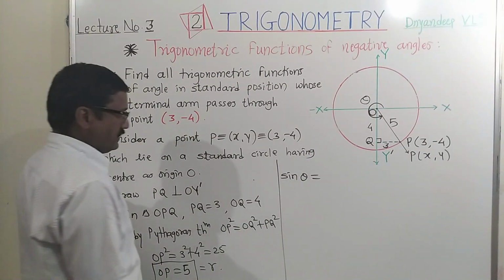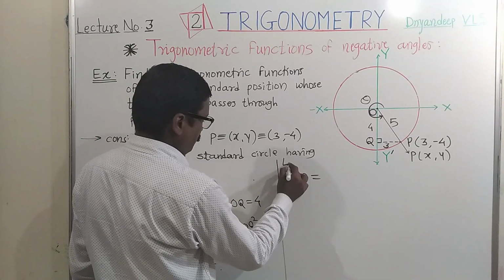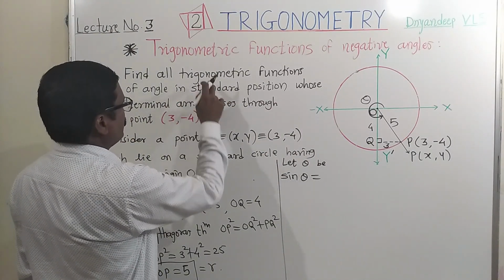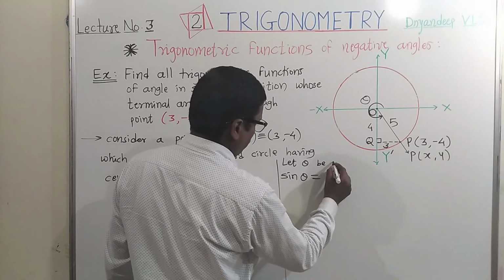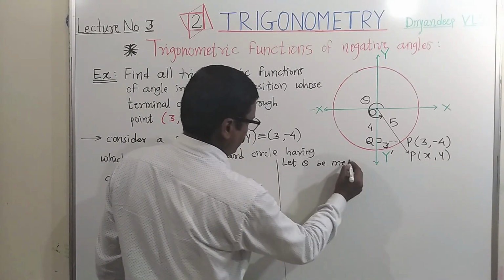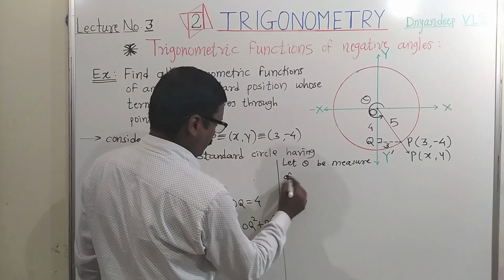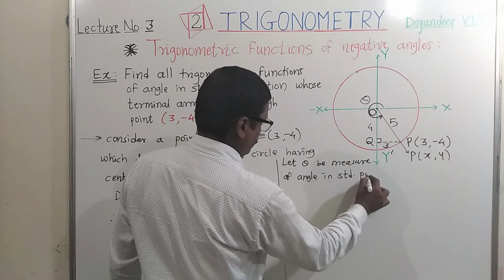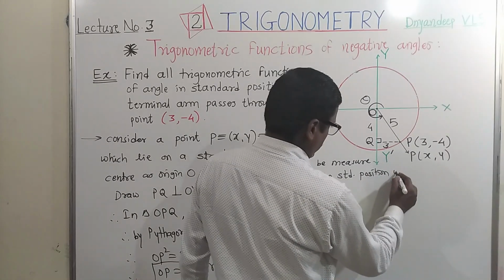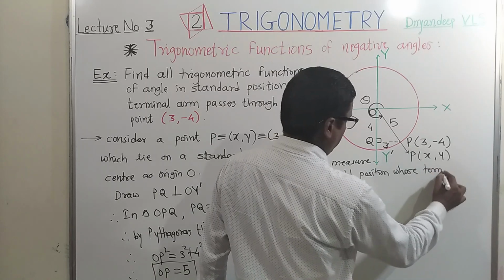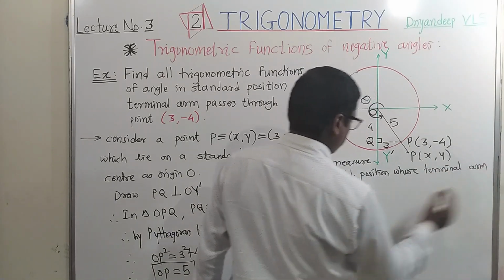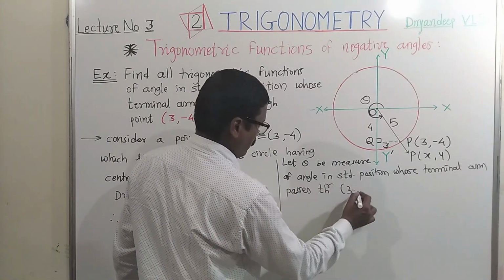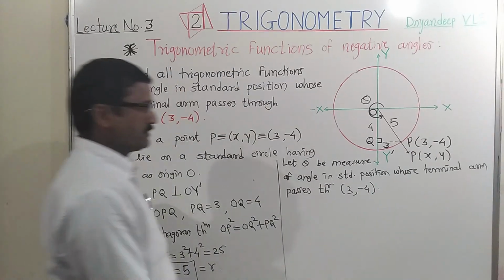Let theta be the measure of the angle in standard position whose terminal arm passes through 3, minus 4. Okay, that is the specification of theta.